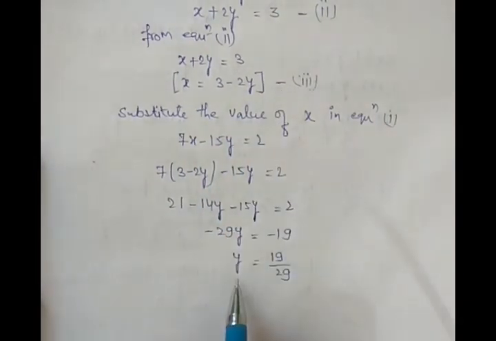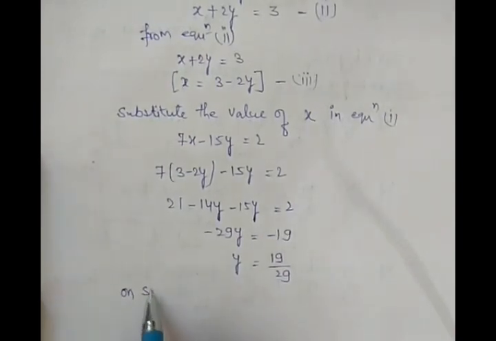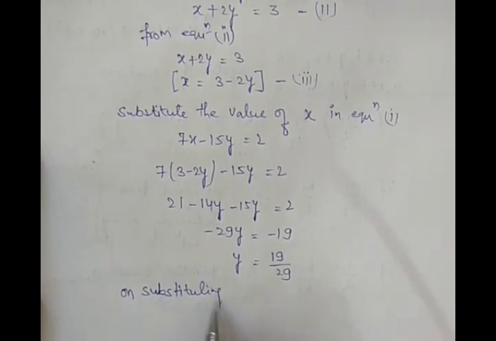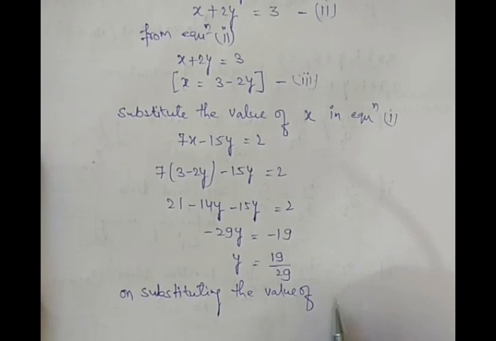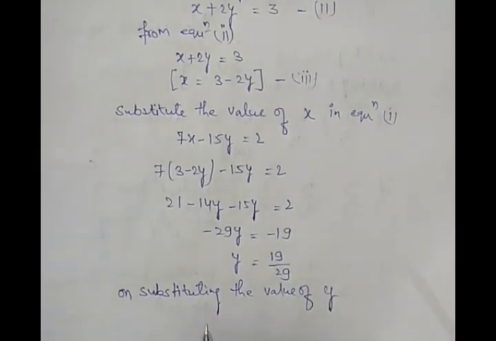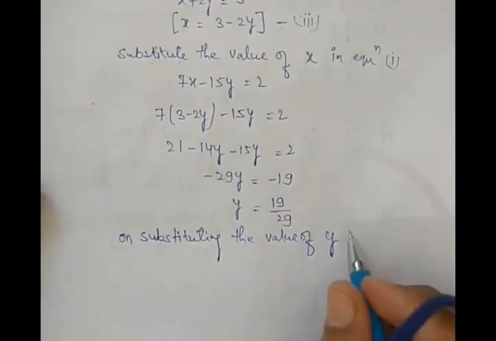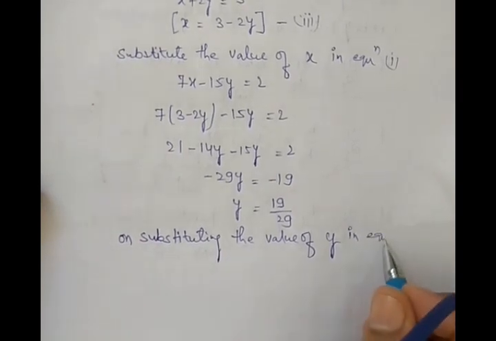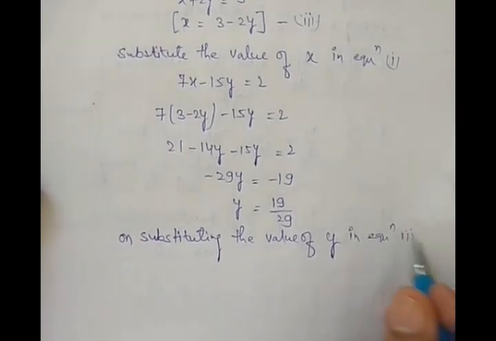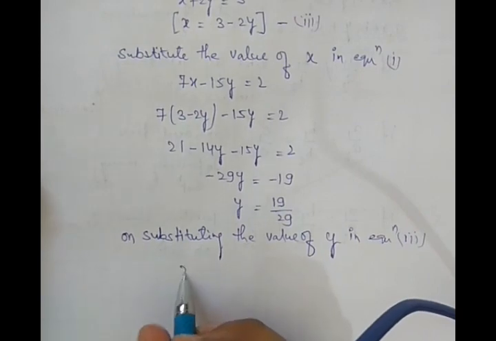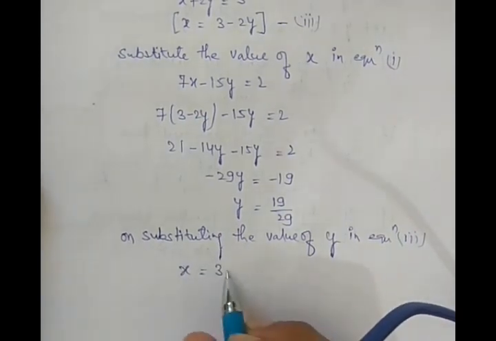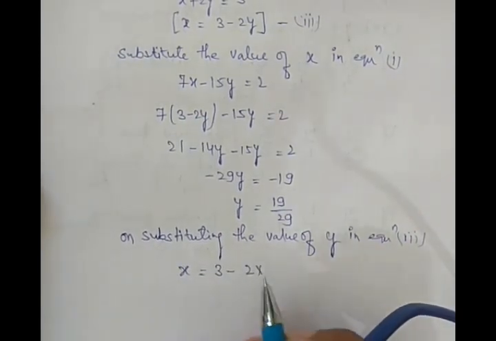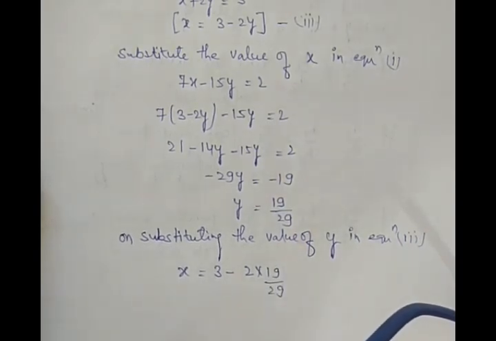Now substituting the value of y in equation 3, you will get x is equal to 3 minus 2 times y, that is 19 by 29.